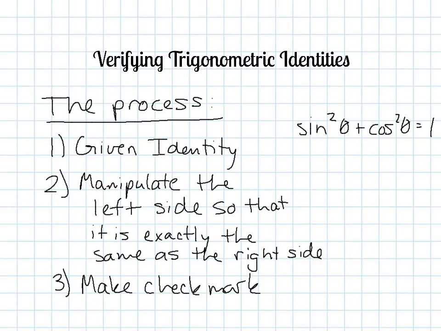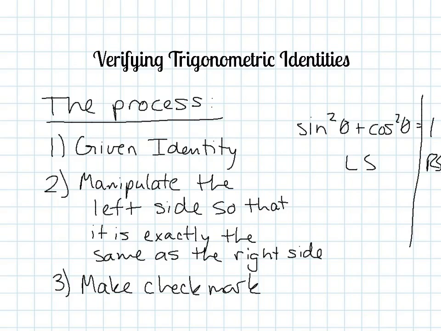My process is, if you're given an identity, so let's say I look over here, sine squared theta plus cosine squared theta equals 1. What you need to be able to do is manipulate the left side. If we were looking at our equation, this would be the left side, that would be the right side.